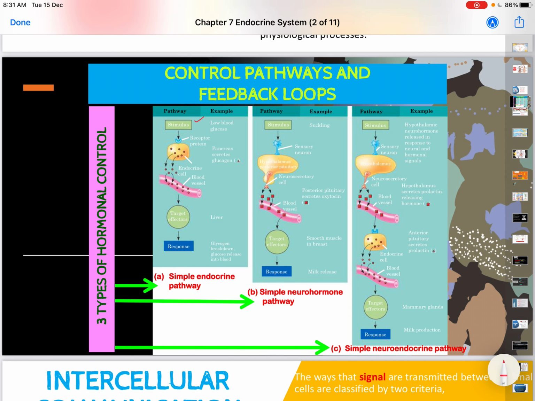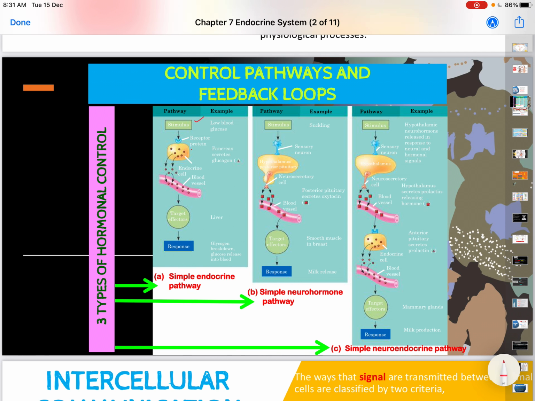There is a glucose regulator in our body that will detect whether the blood glucose level rises or drops. This stimulus will produce a chemical messenger, and that chemical messenger will be detected by the endocrine cell.